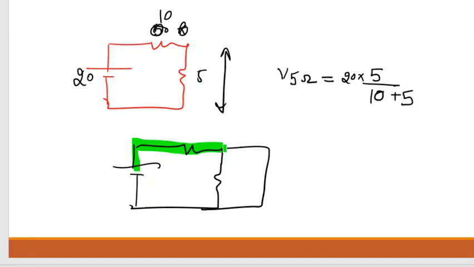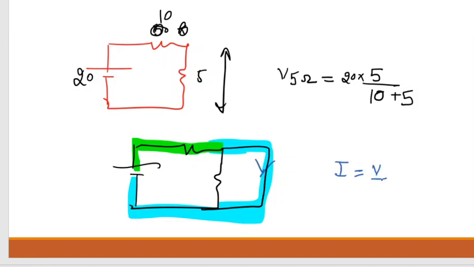You have two options: a plain path, or a path with lots and lots of obstacles. If you are driving a car, you will take the plain path, although it is longer. So you will not go through the other path. Then I would be equal to V by R.